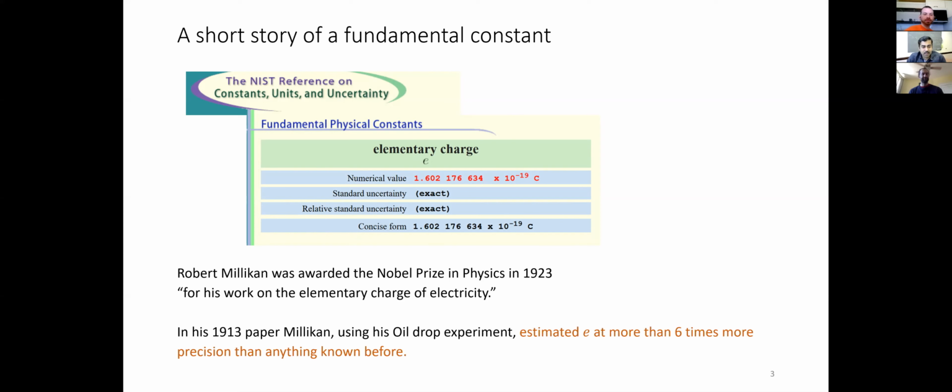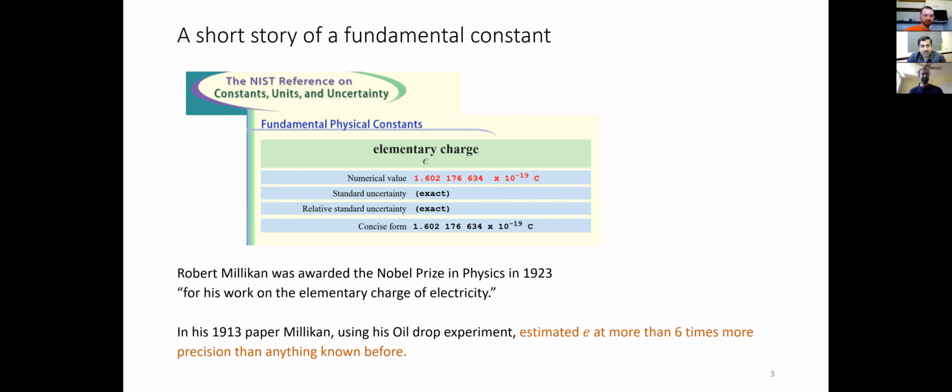The paper was published in 1913 by Millikan, where he used a newly developed technology, known nowadays as the oil drop experiment, and he calculated the value of e, the charge of a single electron, up to a precision 6 times better than anything known before. This was quite a sophisticated experiment, even by today's standards.